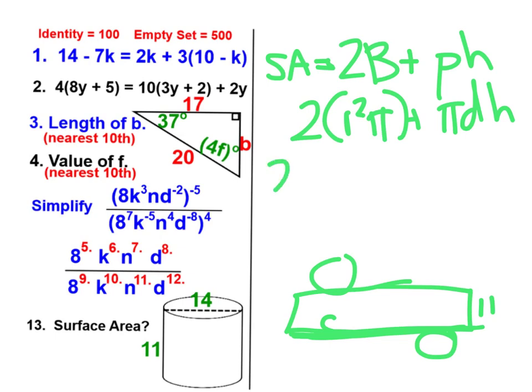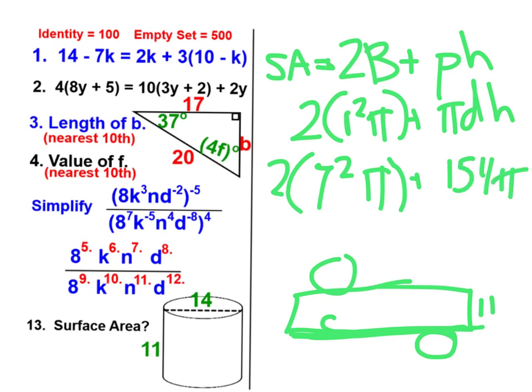You would, of course, put in the radius. Well, the radius would be 7 because the diameter is what we have. 7 squared pi plus pi times diameter times height. Well, I could just take the diameter times the height. The diameter is 14 and the height is 11, so that'd be 154.